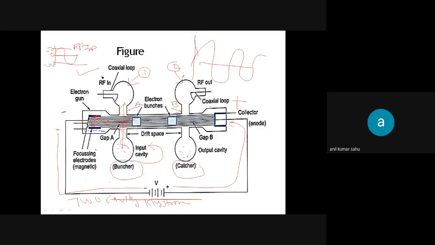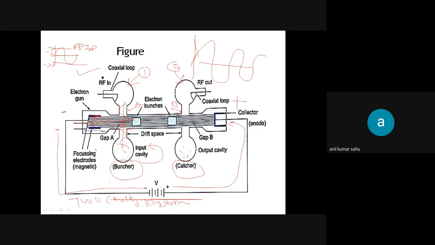This current can amplify your RF input, and at the output of the collector you will receive the RF output. This collected output you can again receive with the coaxial loop.